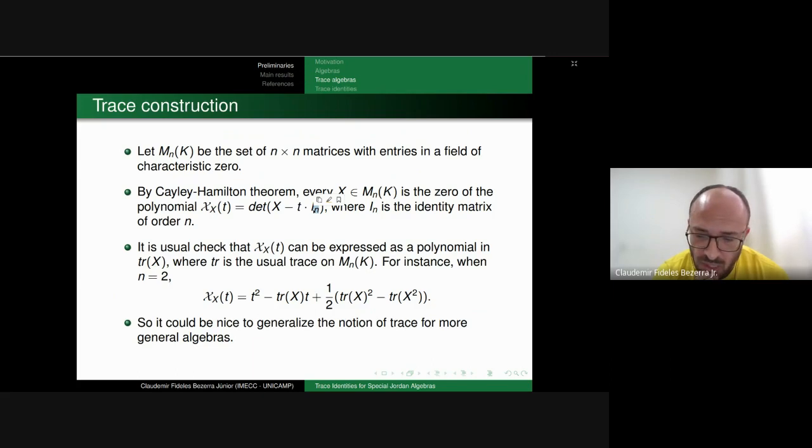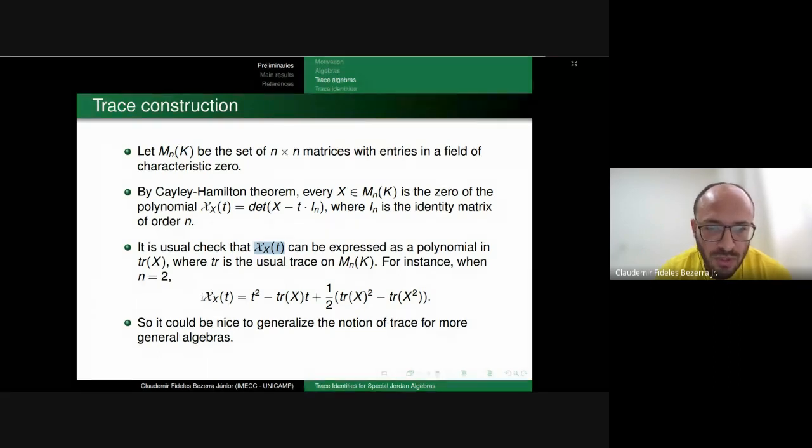It's not easy, but it is usual to check that the characteristic polynomial can be expressed as a polynomial whose coefficients are traces of the powers of the matrix X. For example, when we consider n equal 2, the characteristic polynomial of degree 2 is this.